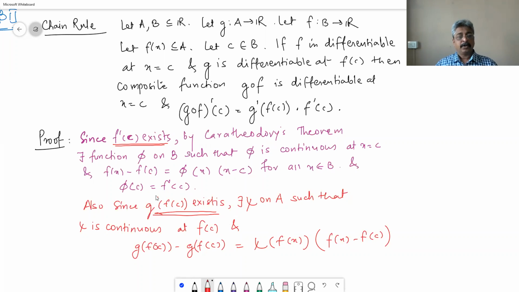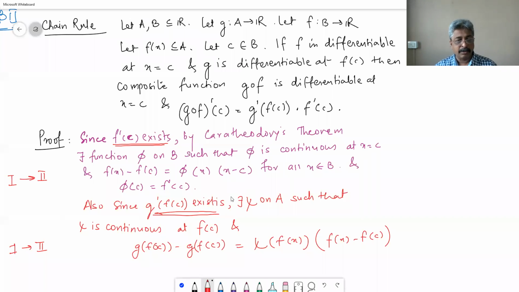Do you understand? We are applying Carathéodory's lemma two times, one for f dash of c and one for g dash of f of c. So part 1 to part 2, part 1 to part 2 here, and here also part 1 to part 2.